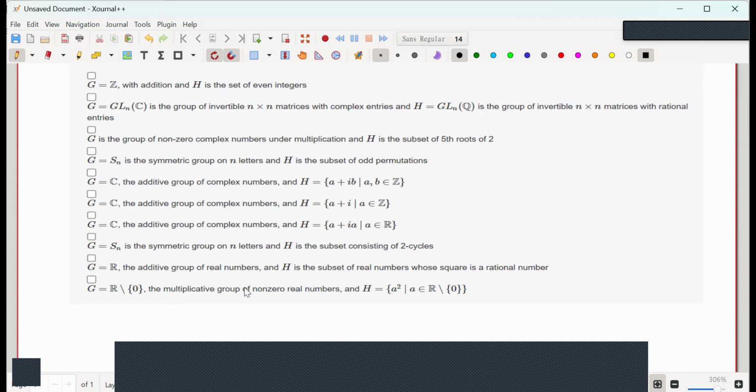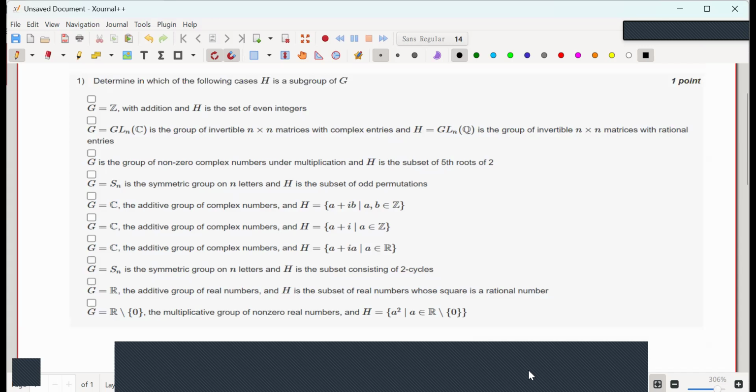Sum of two even integers is also an even integer. So it's closed. Very good. And the identity exists, which is 0. And for every even integer, there exists an inverse, which is also even. So this is within H. So this is a subgroup.